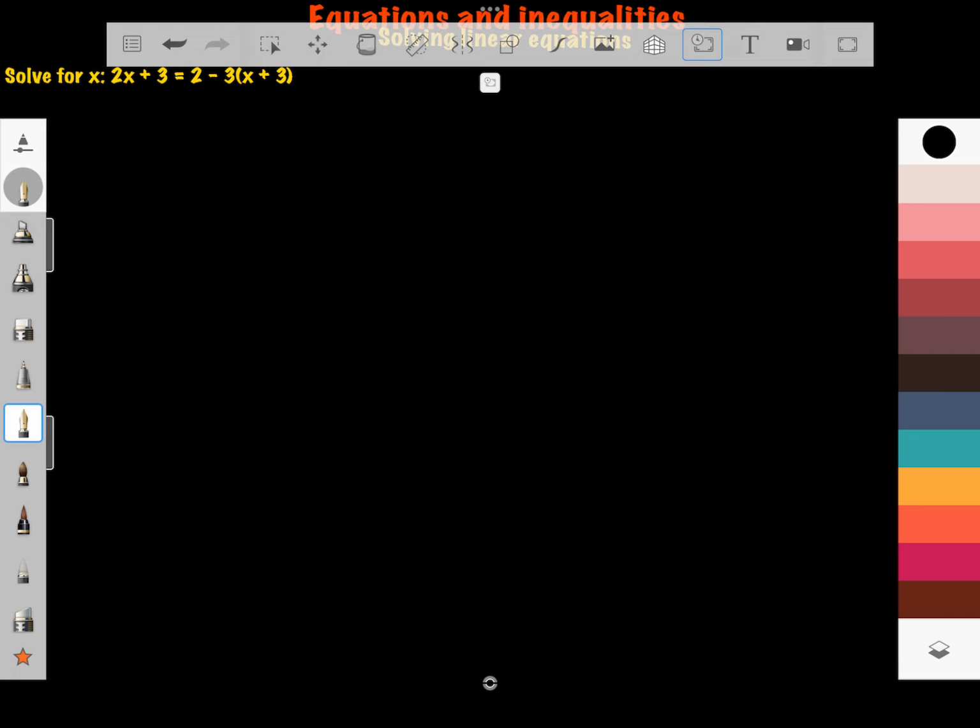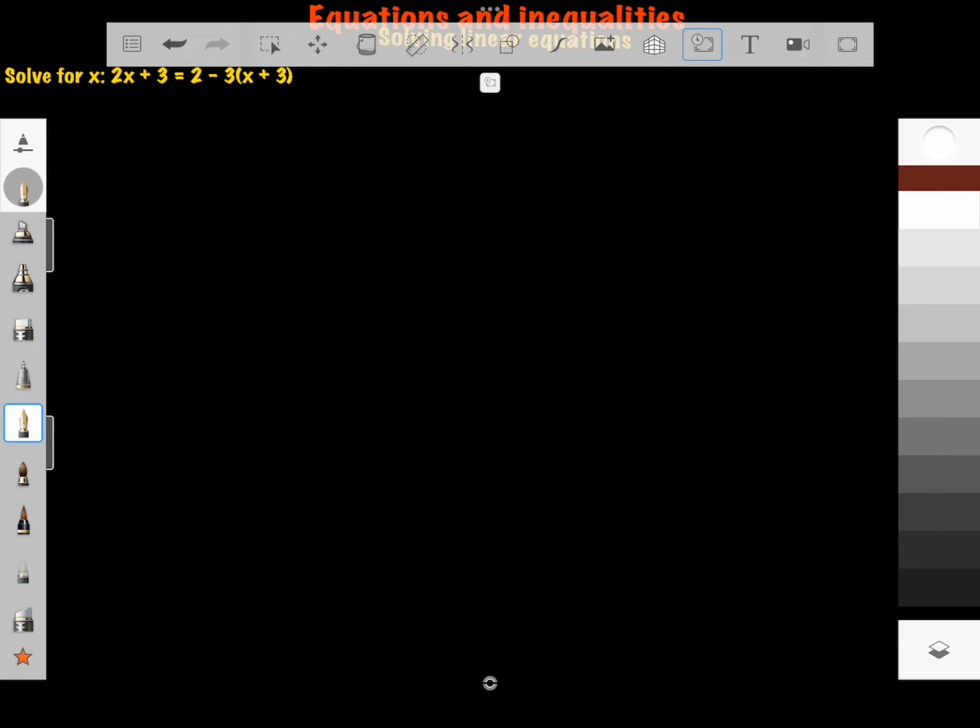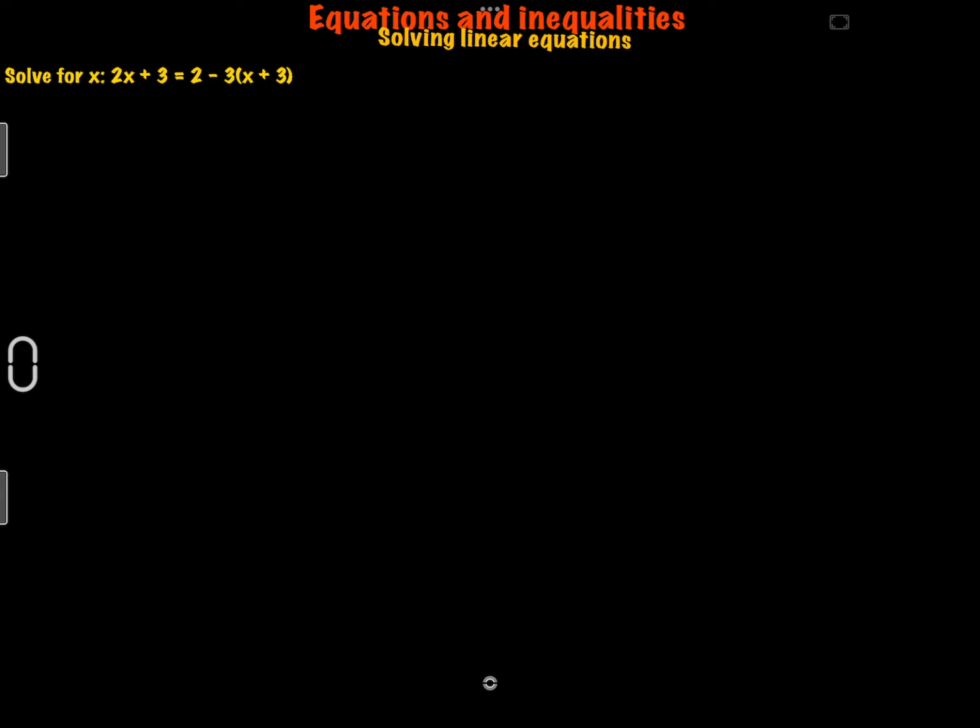For instance, now that we all have our equation 2x plus 3 is equal to 2 minus 3 multiplied by x plus 3, we're going to go ahead and rewrite the equation as it is.